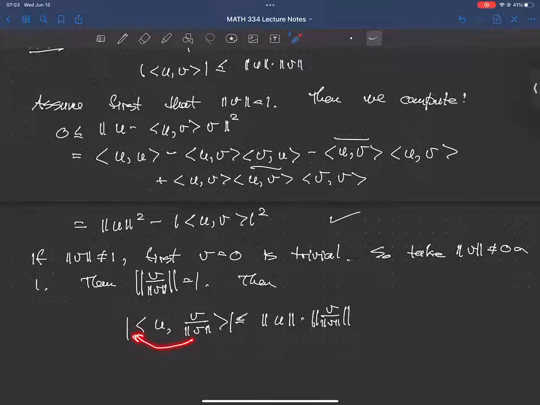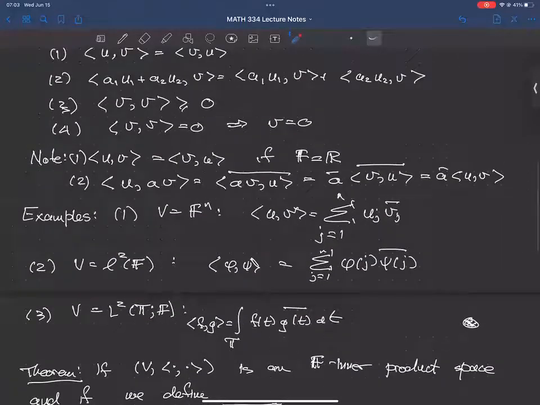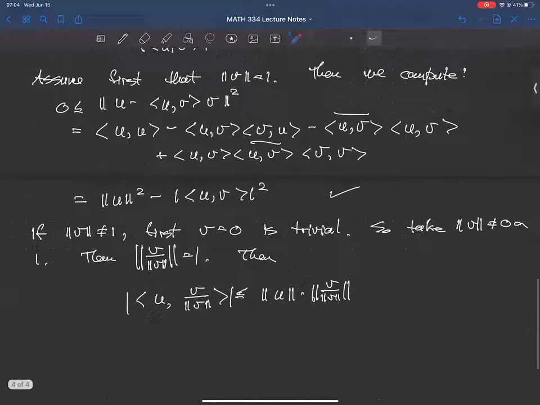And so when I pull it outside by this observation here, because the scalar is real, it'll just pull out without any conjugation, and then I can pull it outside the absolute value, and because this quantity is non-zero, I can multiply by it and bring it over to the other side.